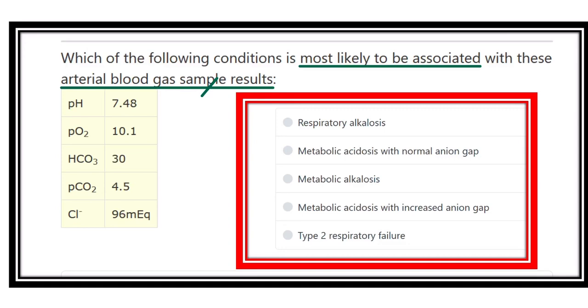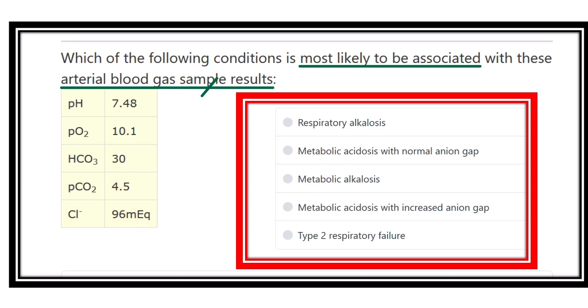This is the physiology portion of the MRCS. Which of the following conditions is most likely to be associated with the following arterial blood gas analysis? First of all, pH is 7.48, partial pressure of oxygen 10.1, bicarbonate 30, partial pressure of carbon dioxide 4.5, and chloride ion 96 milliequivalent.